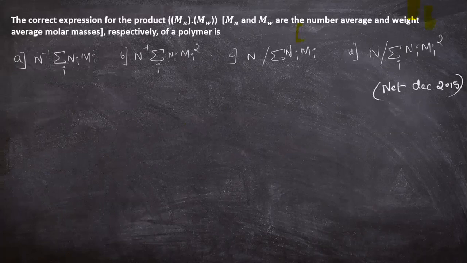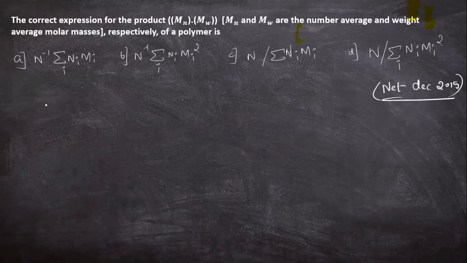So the next question was asked in December 2015. They are asking for the correct expression for the product Mn into Mw, where Mn is the number average molecular weight and Mw is the weight average molecular weight.